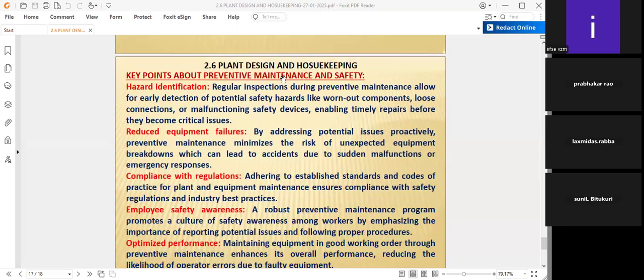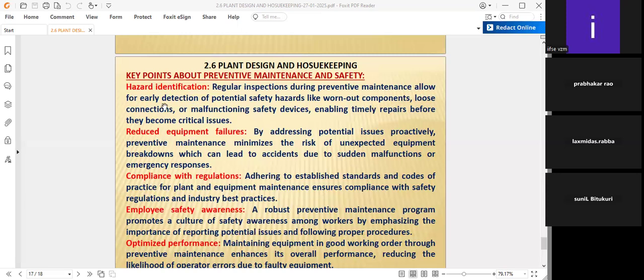For hazard identification, depending upon the equipment, whether overhauling, changing, renewal, rewinding, or cleaning, we have to see that hazard identification and risk assessment, HIRA or HAZOP, is taken care of by all organizations.